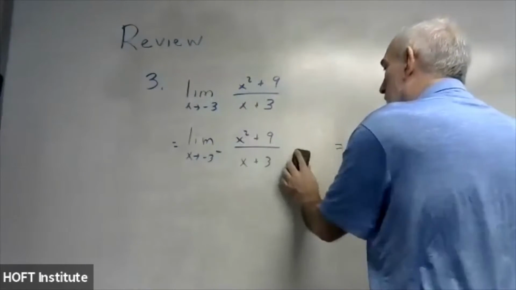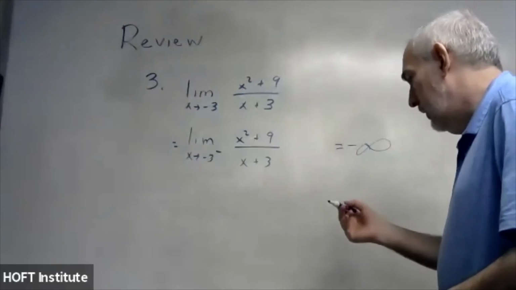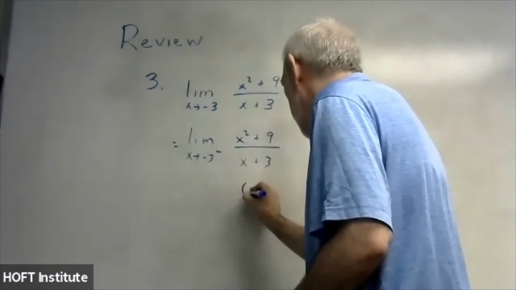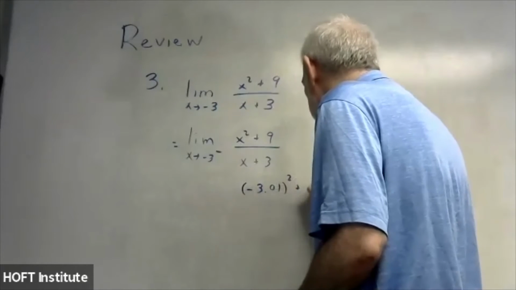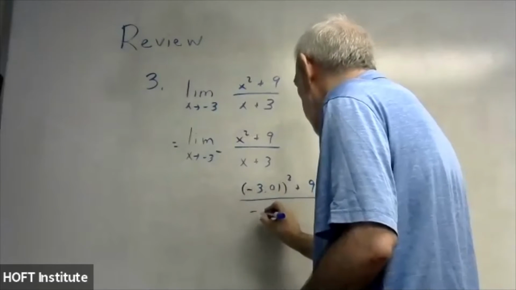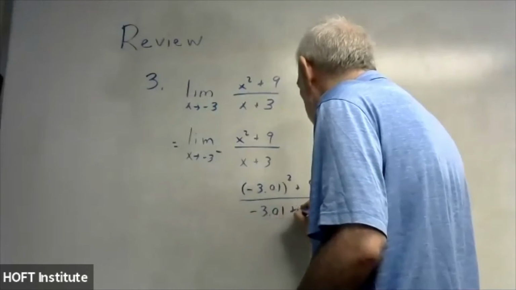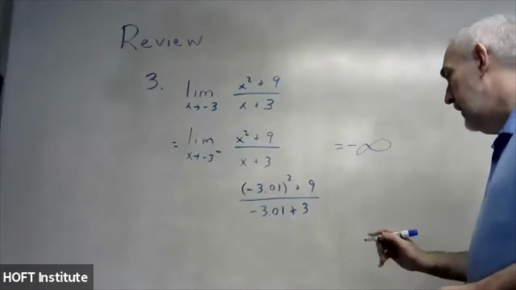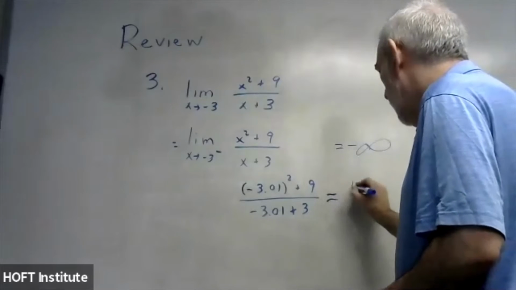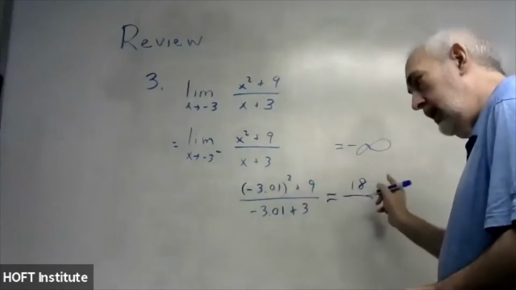You could do some more exact calculations, like if you plugged in a number like -3.01 and plug that into the equation. You'd wind up with something that is approximately 18.